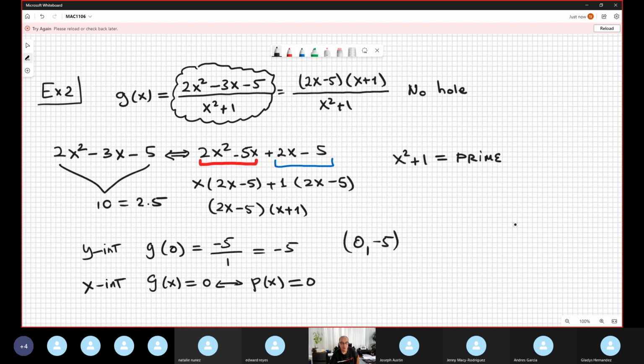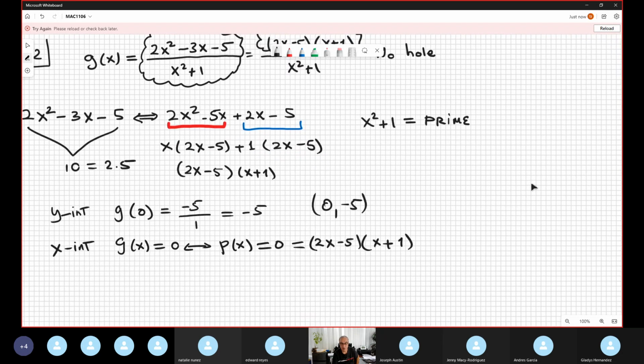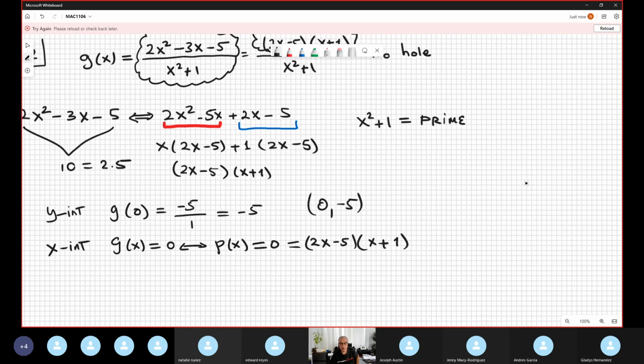But I prefer to take it in factored form, because it's super easy to determine the zeros of this polynomial or quadratic equation. You take x minus 5 equals 0 and you take x plus 1 equals 0. You solve it one by one like a linear equation.